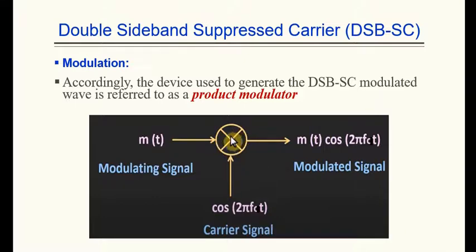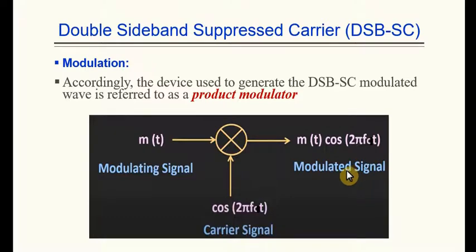So here we have the product modulator, and we have the message signal m of t multiplied by the carrier signal cosine 2 pi fct, and the output would be m of t cosine 2 pi fct. Very simple. This is now the modulated signal.